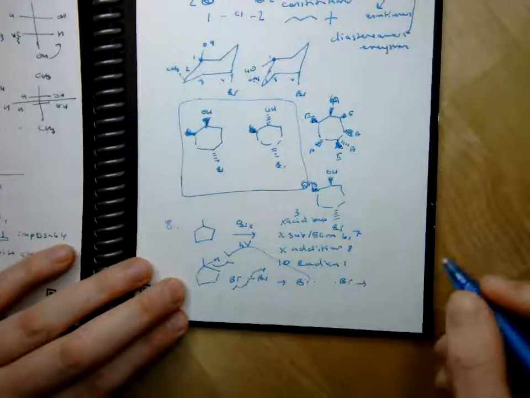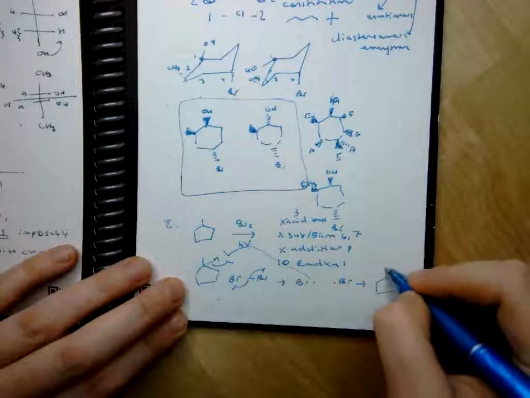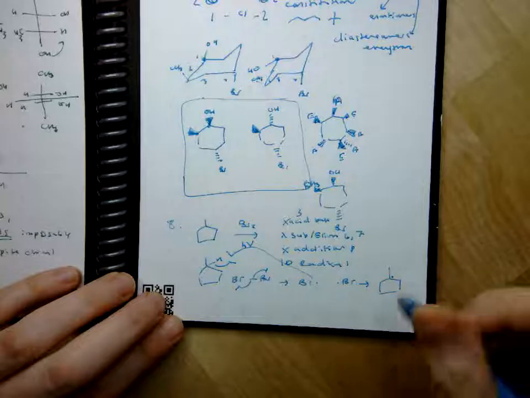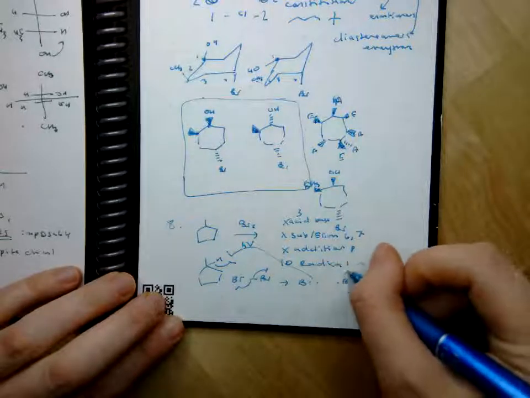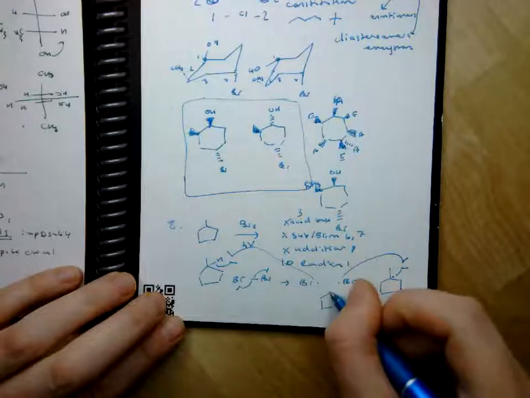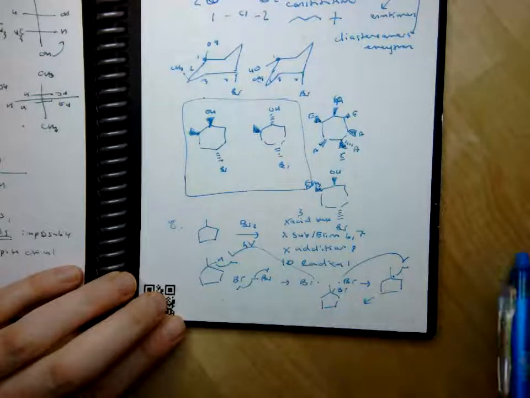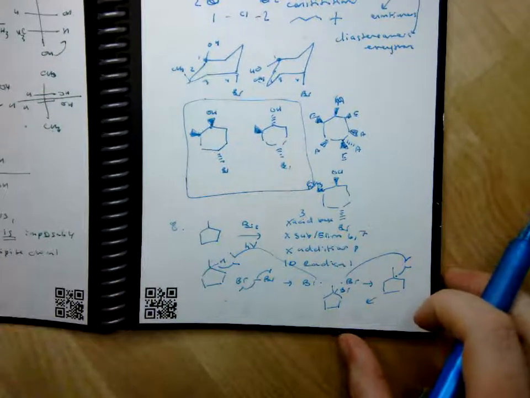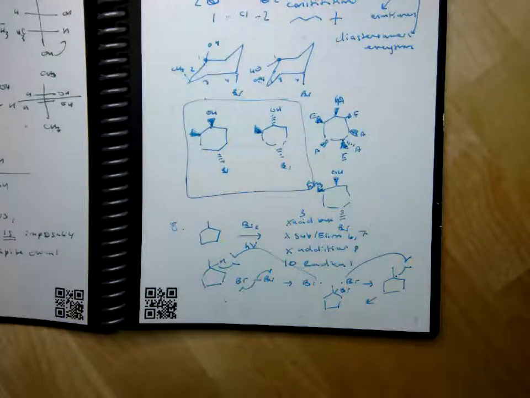And in bromination, it will always abstract the most substituted, the most stable radical. So it'll go right here. And then this other one will come and combine, and you'll get your radical addition of bromine. So the answer choice that looks correct to me is answer choice 2.